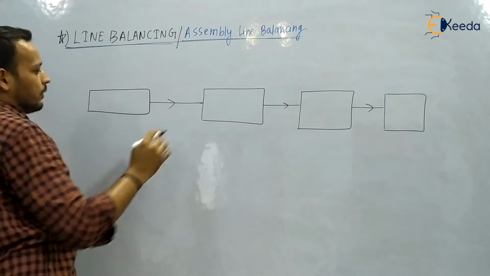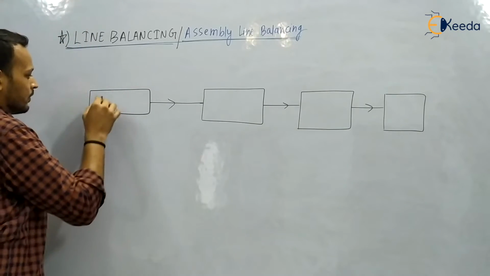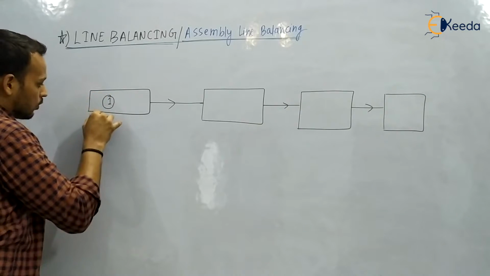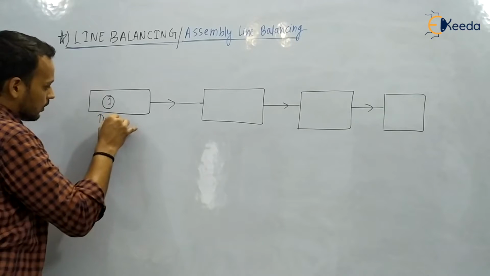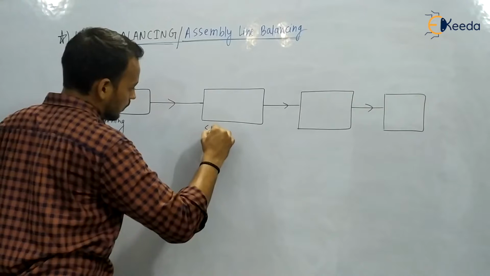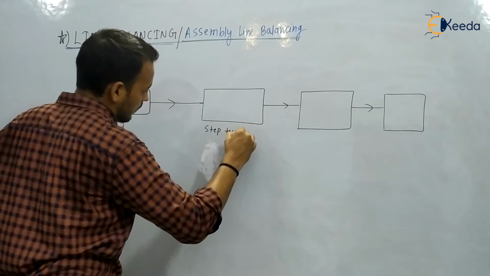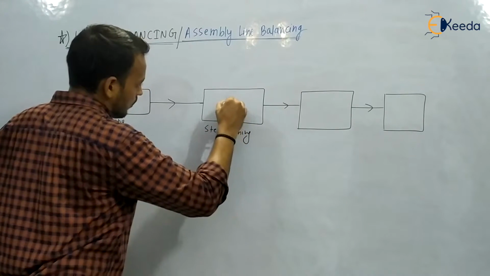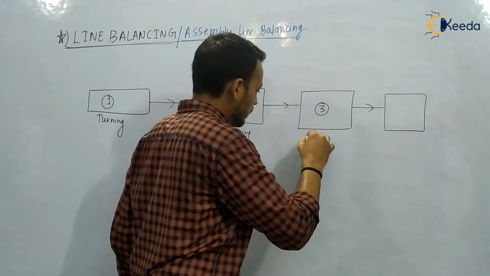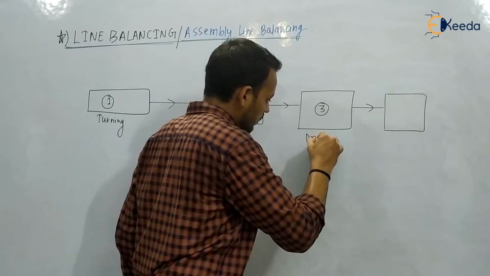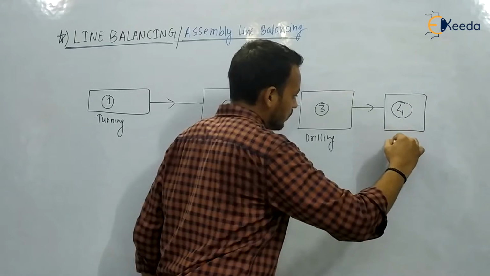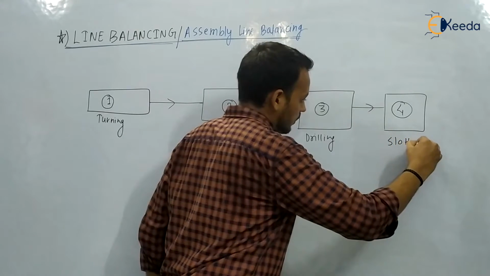This is point 1, where we are going to perform the turning operation. This is point 2, where we perform the step turning. This is work facility 3, where we perform the drilling operation. And this is work facility 4, where we perform the slotting operation.